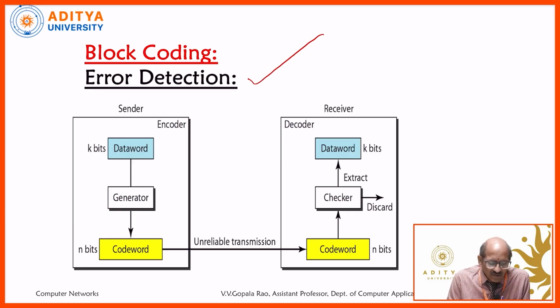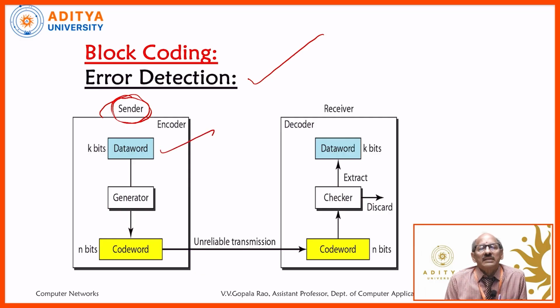Let us start from the sender side. Let us say this is the sender node. From here, the data has a width of k bits, because we are in the framing concept and have to talk about bits only, since data will be in the form of bits. There are certain bits which form a data word.